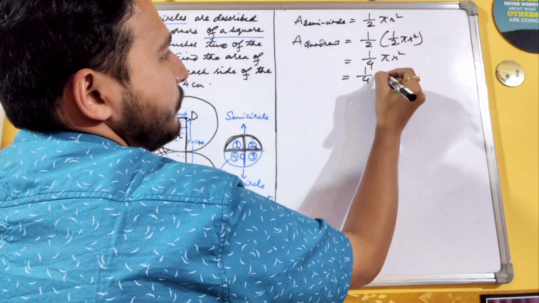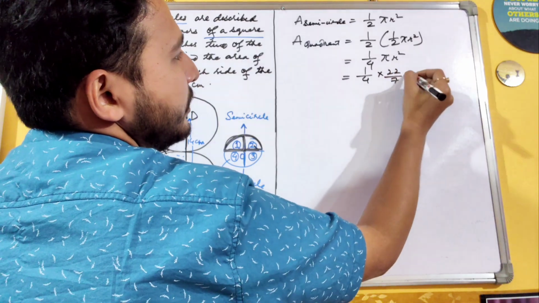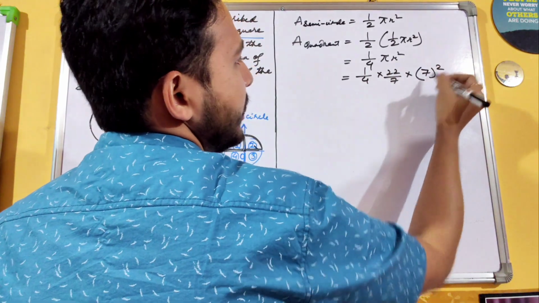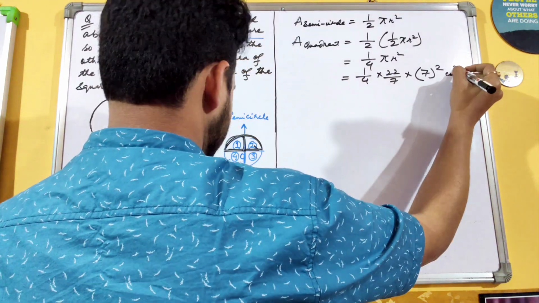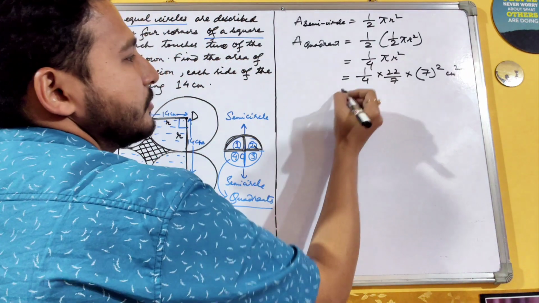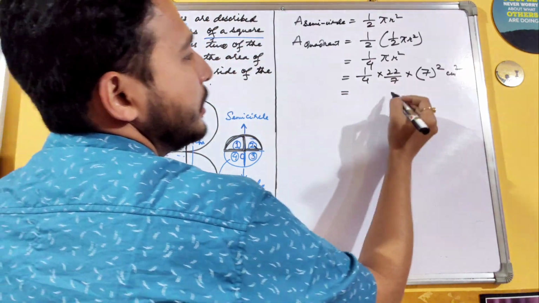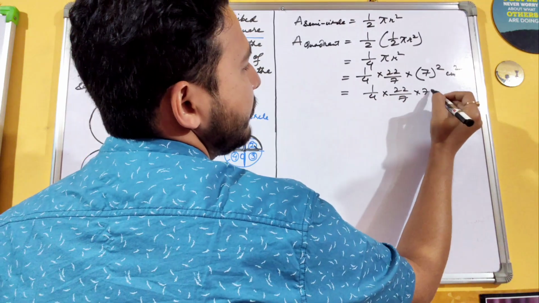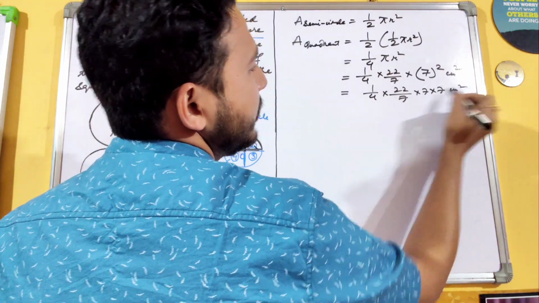So 1 by 4 into 22 by 7 into r square, which is 7 square. So area would be 1 by 4 into 22 by 7 into 7 centimeter square.